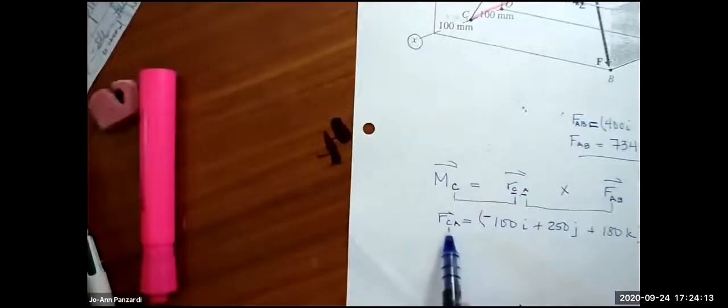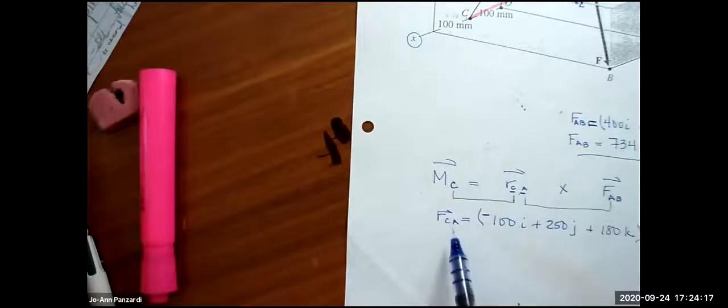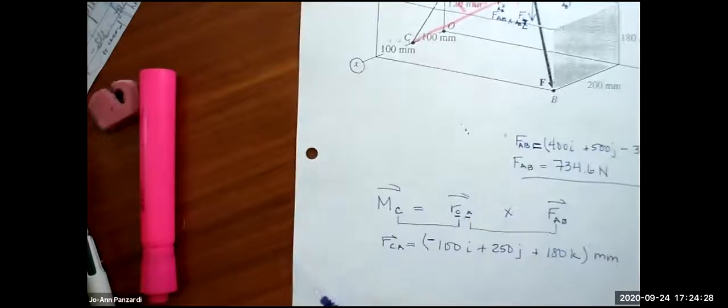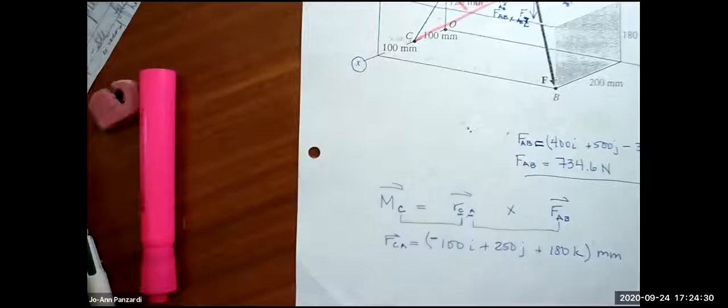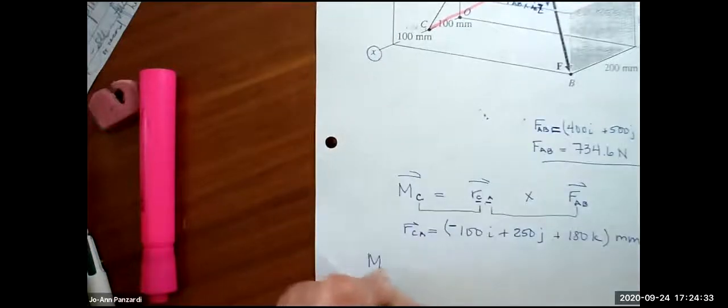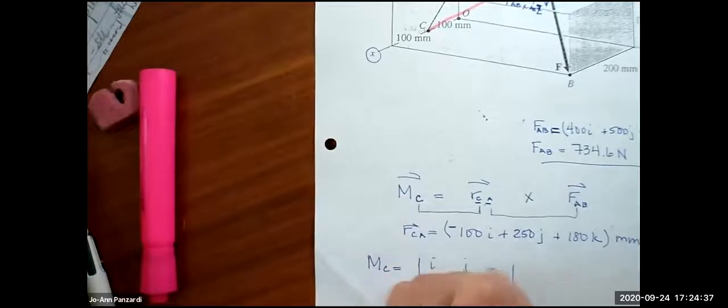So your R vector, remember it's a distance. A lot of people mess this up. R is the distance. It has a distance unit. Okay, so according to what David said, I don't even have to draw the matrix, but I'm going to draw it anyway. MC is equal to IJK.